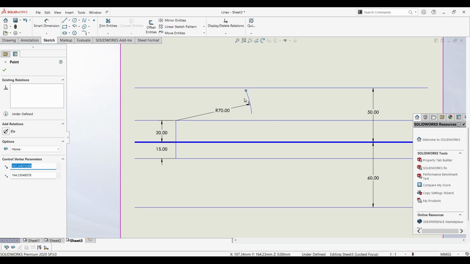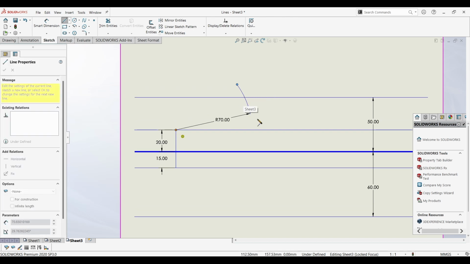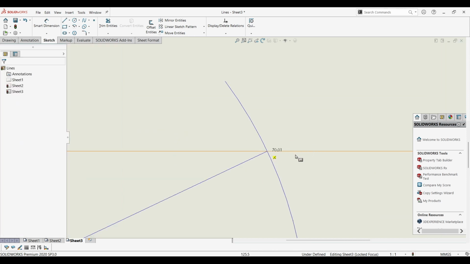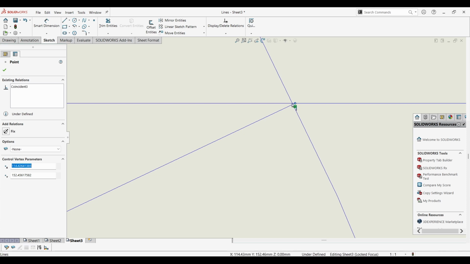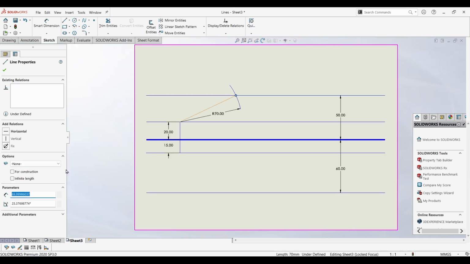Okay, so it intersects here. So I draw a line from here to this point. Let me zoom in a bit. Why am I not getting exactly 70? It's fine anyways. Let me go to the exact preciseness. Okay, now this point is 70 mm, right?